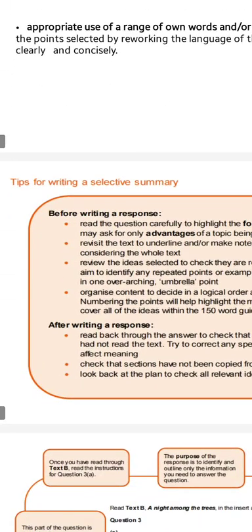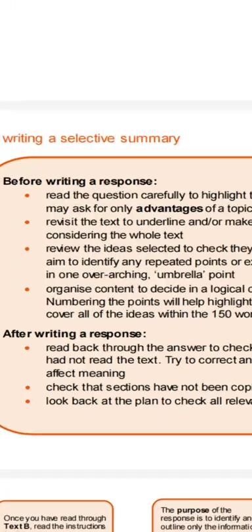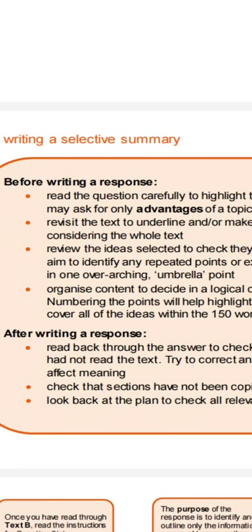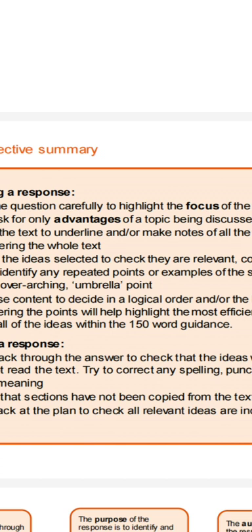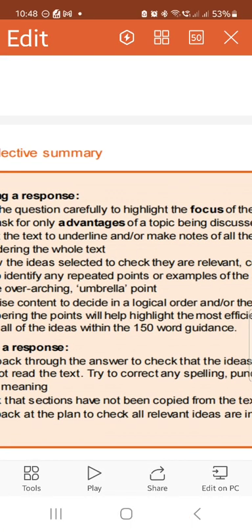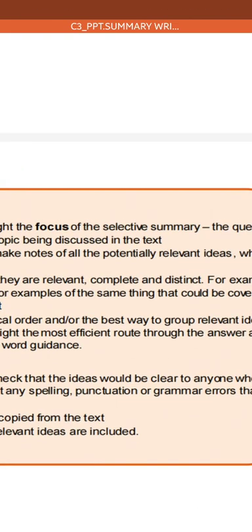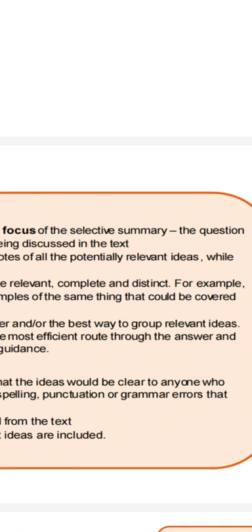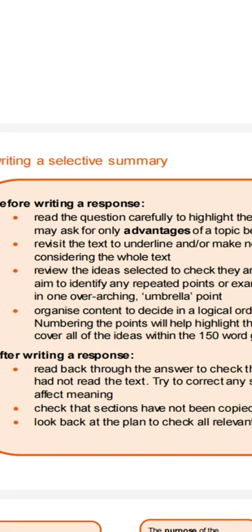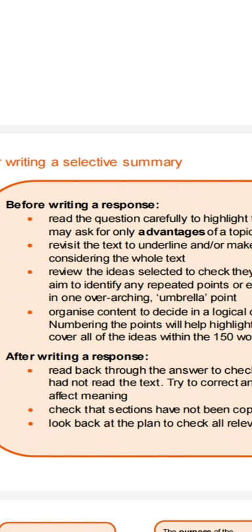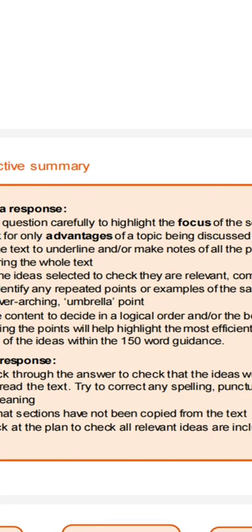Now, tips for writing a selective summary. Look at this. Before writing a response, read the question carefully to highlight the focus of the selective summary. The question may ask for only advantages of a topic or disadvantages, but this time it is not going to be a two-strand summary.